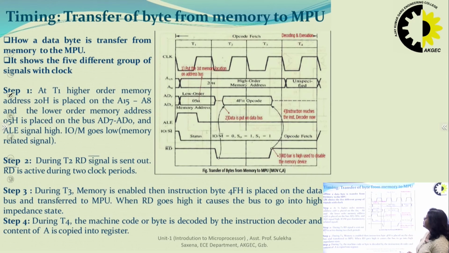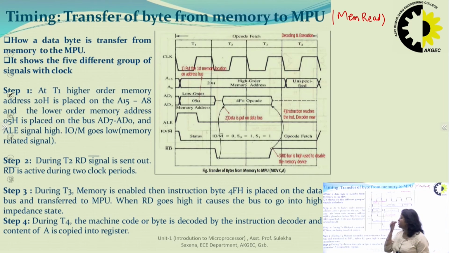Now we will see the timing diagram of transferring a byte from memory to microprocessor, or we can say that it is a memory read operation. Memory to microprocessor, that is memory read. Once a byte is transferred from memory to microprocessor, it shows 5 different signals.